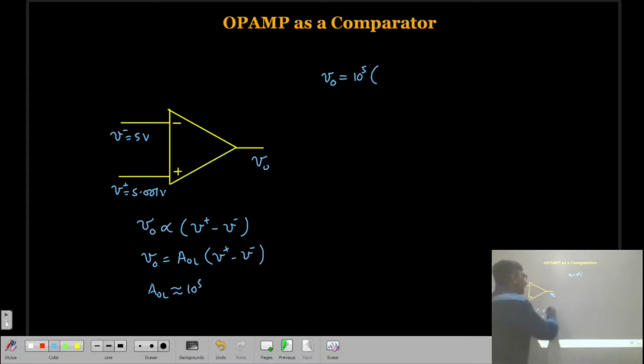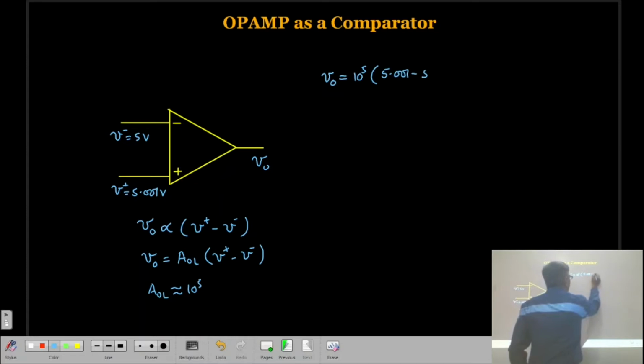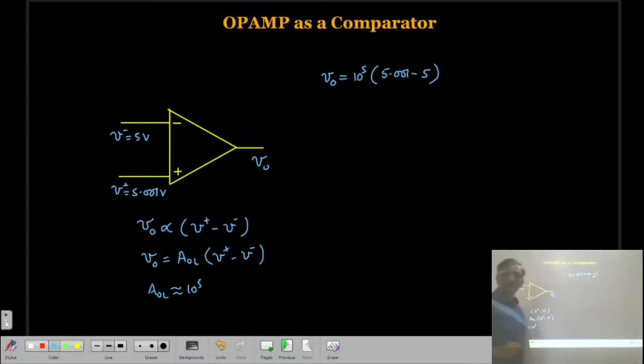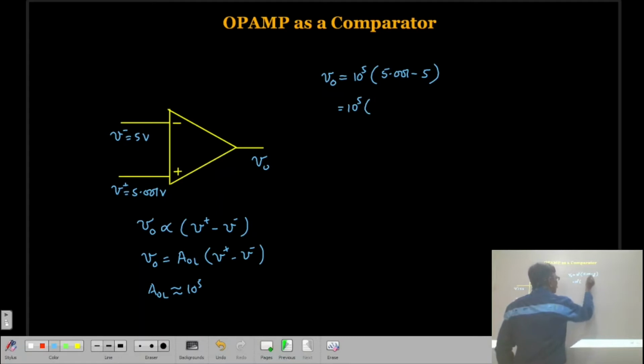Remember, if I calculate the output voltage, it is 10 raised to 5 into the difference, 5.001 minus 5, which is 0.001, meaning 1 millivolt, or 10 raised to minus 3.